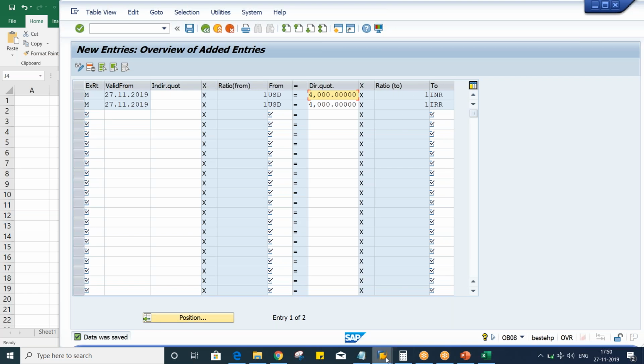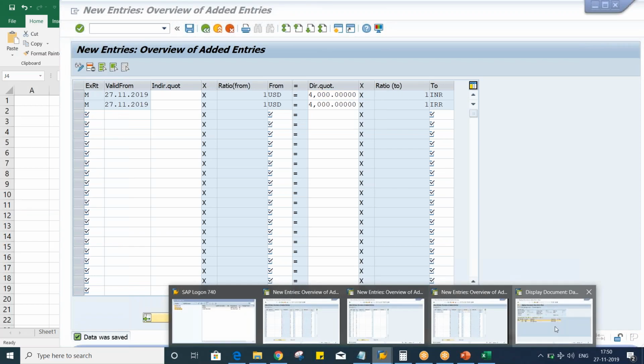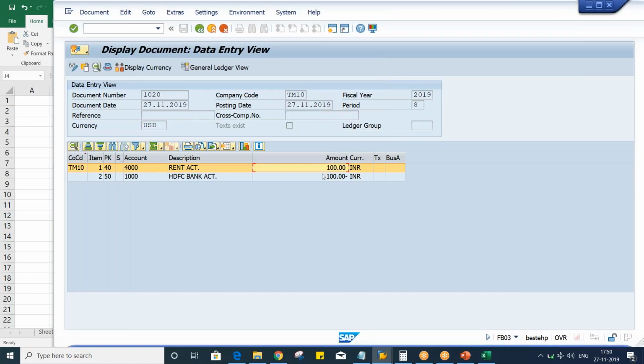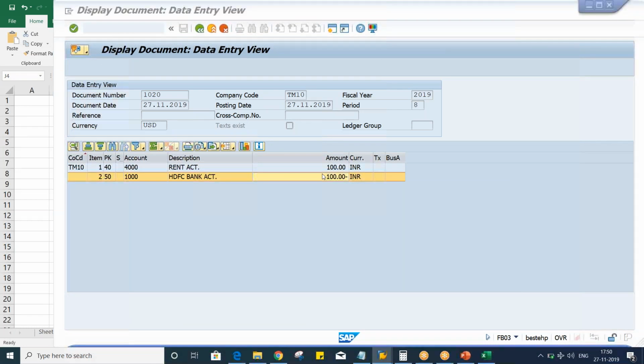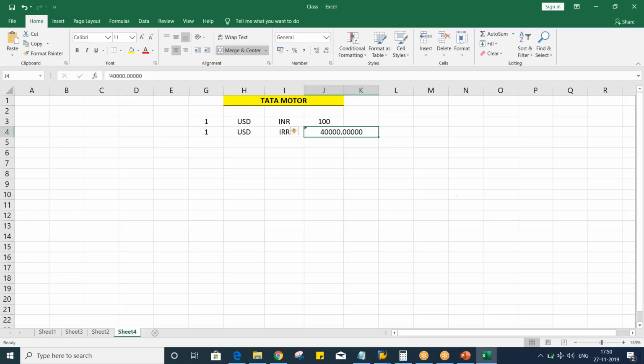So if you post the invoice here, then if you post 1 USD, the system is going to show 4,000 INR in Indian currency. But what is happening, guys? The system shows 4,000, but the actual value is 40,000.